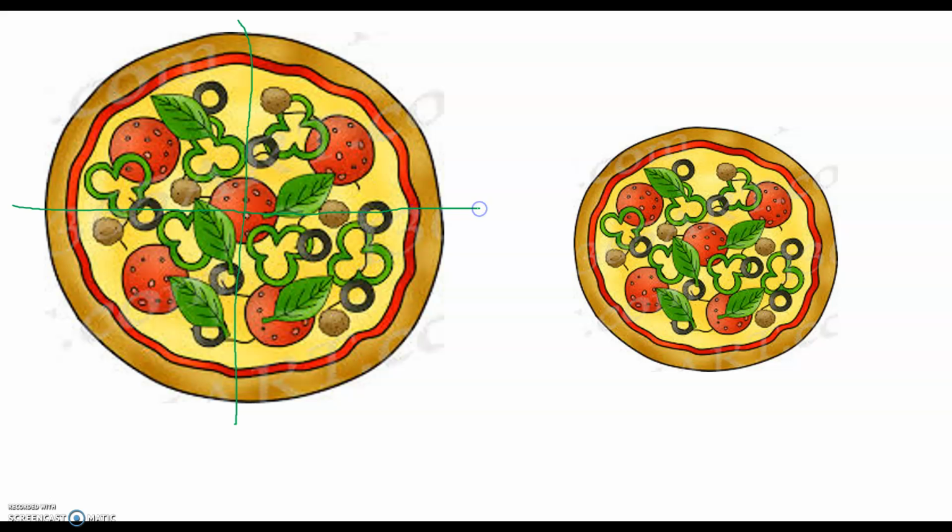So I divided my large pizza, and now I'm dividing my small pizza. Now because my large pizza is bigger, yes, my unit fraction pieces are going to be bigger. But each piece still represents 1/4. You're going to be practicing with this today.